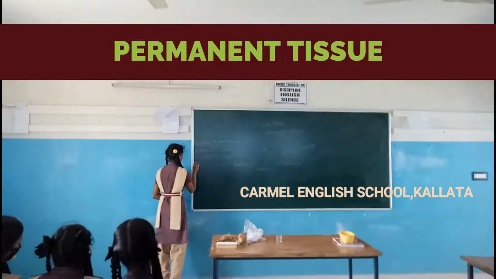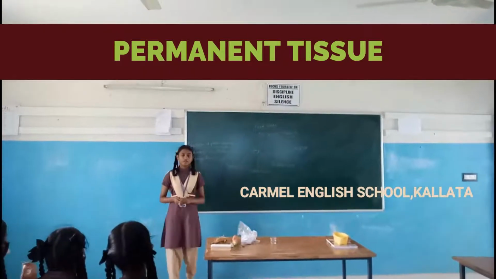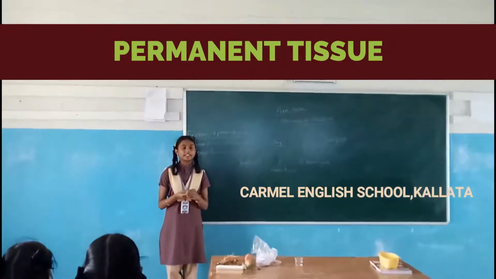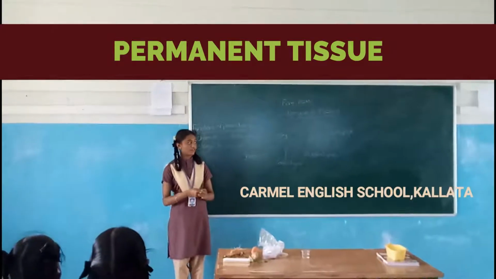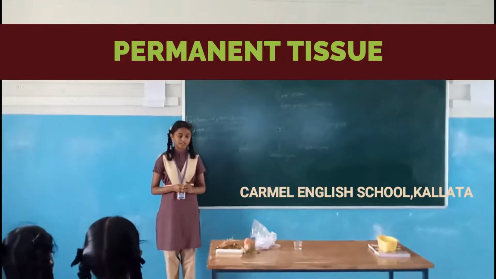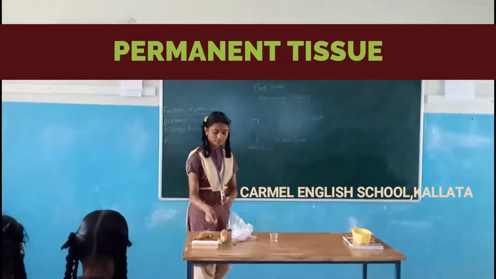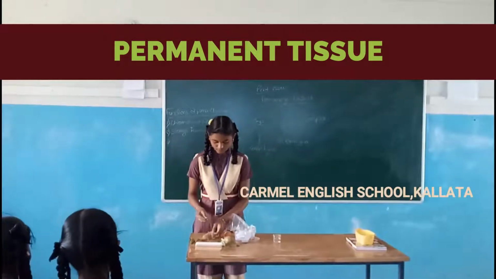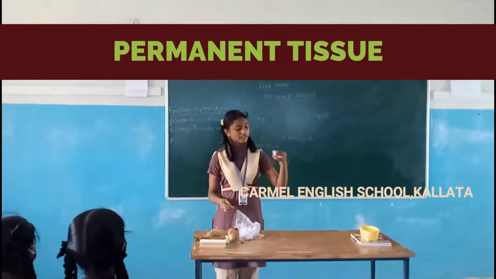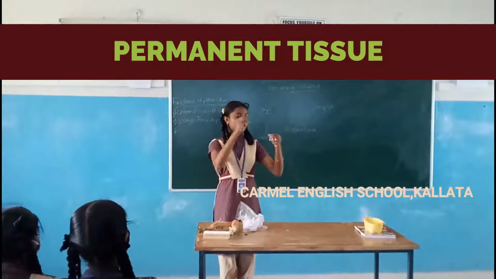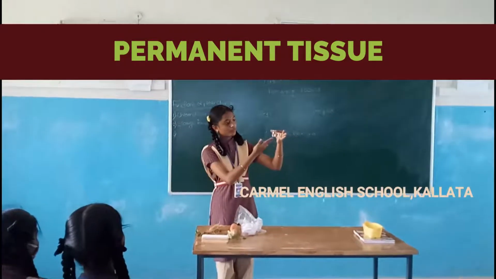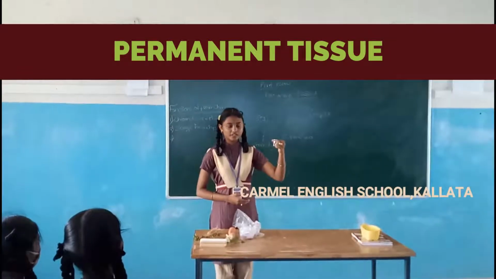The third function is that parenchyma helps aquatic plants to float on water because it contains air cavities. This is a glass of water, and when I dip the leaf into it, we can observe that the leaf is floating on water.